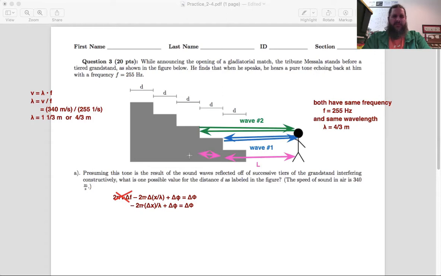So wave one is traveling L plus L, and wave two is traveling L plus D plus D plus L. So they're both traveling 2L there and back, and wave two is also traveling an extra 2D. If you're finding the delta by subtracting, 2L plus 2D minus 2L is just 2D. So we know the delta X is 2D. Wave number two travels that much further.